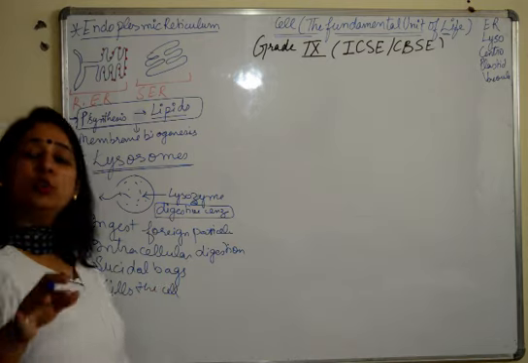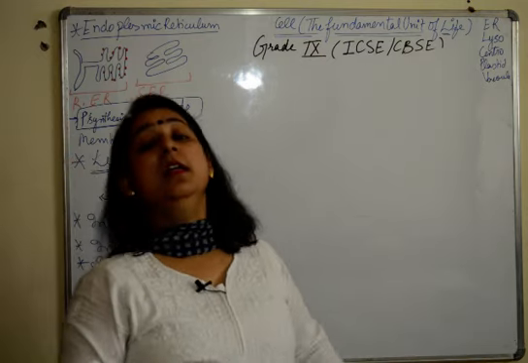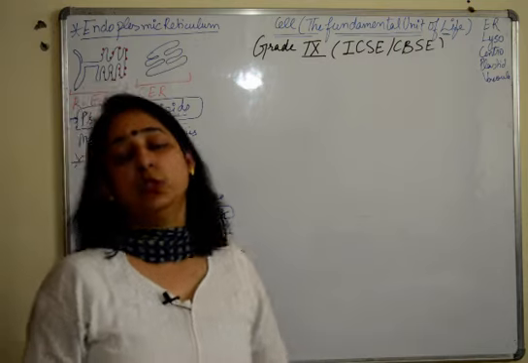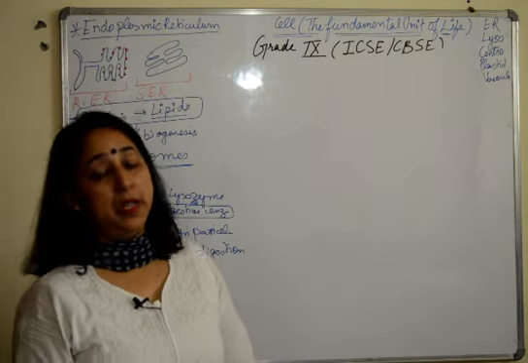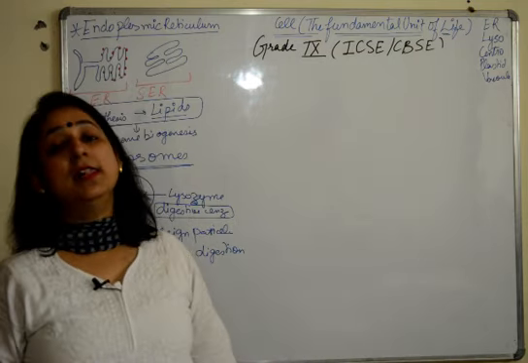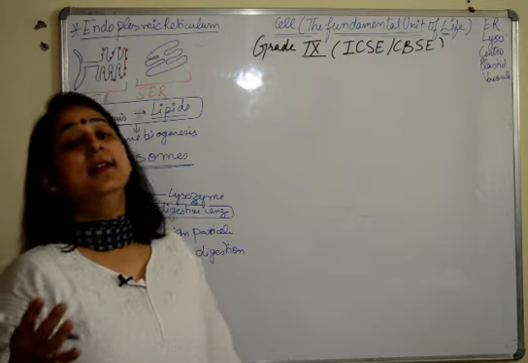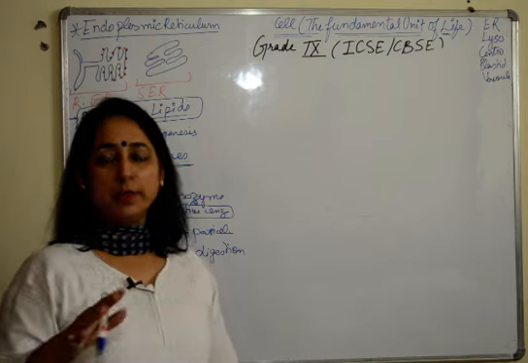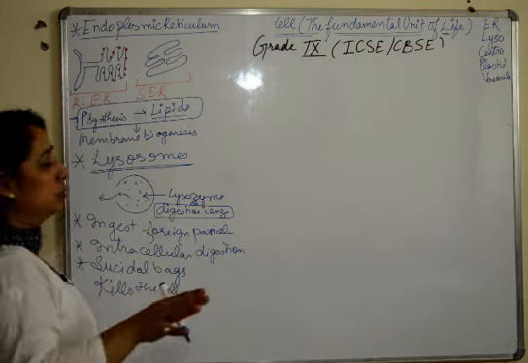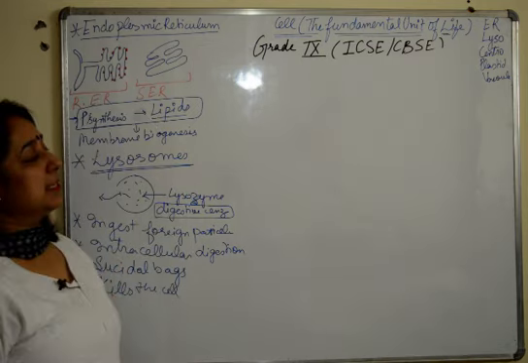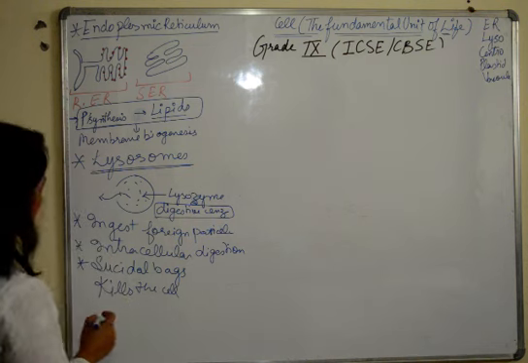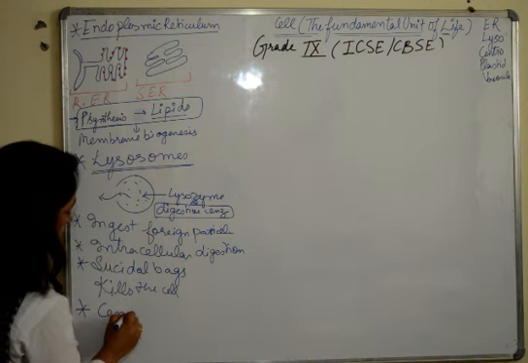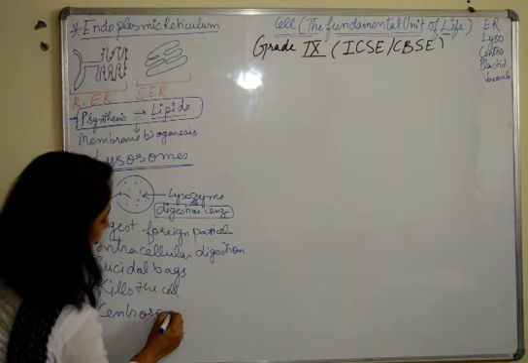So when this lysosome, which is part of the cell, kills its own cell, it's known as suicidal in nature. So that is why sometimes we call lysosomes suicidal bags, because they sometimes burst open and digest the whole cell. So this is our second cell organelle. The third one is centrosome.